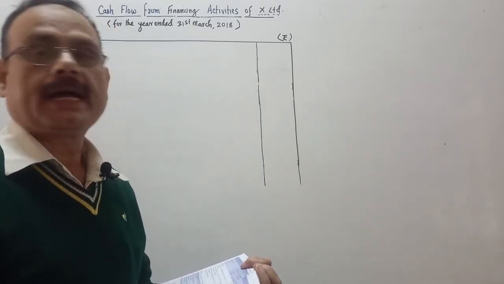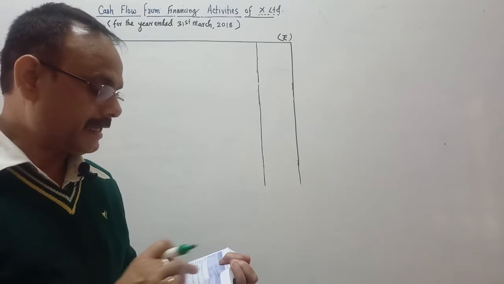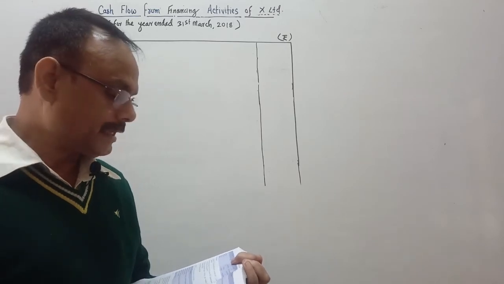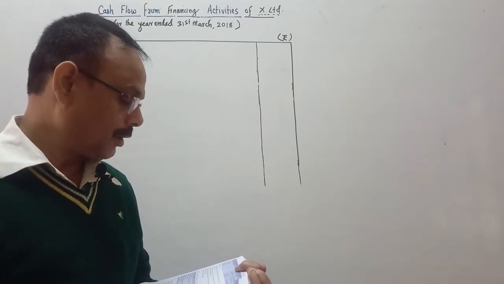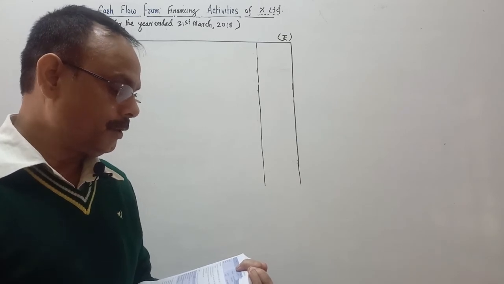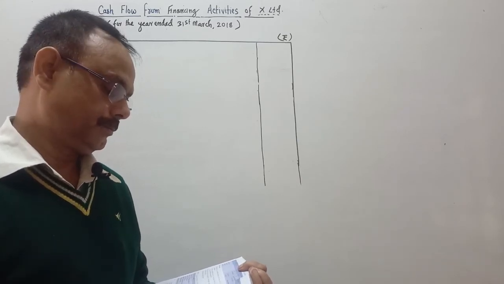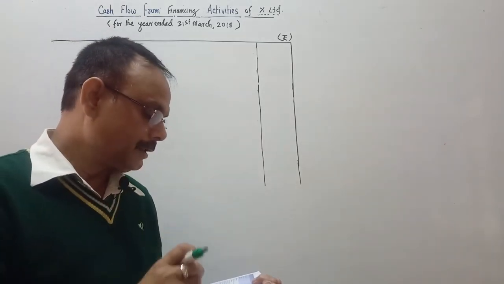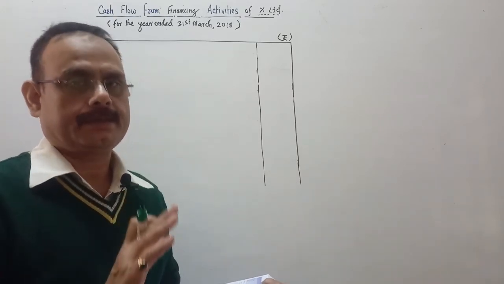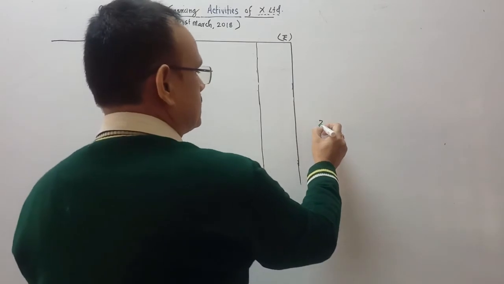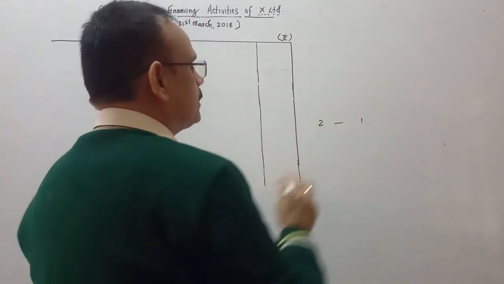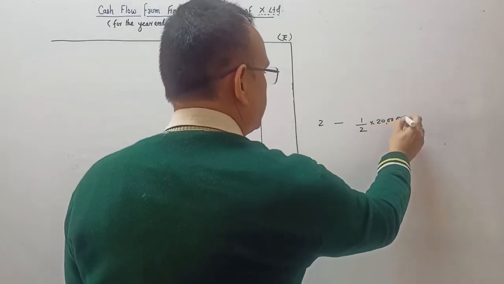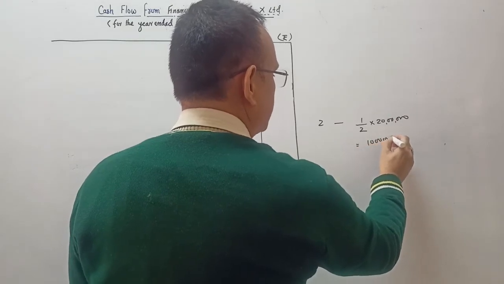Last year share capital was 20 lakhs, and this year it is 30 lakhs. When bonus shares are issued in the ratio of 1:2, it means those who have 2 shares will get 1 bonus share. So it is 1/2 into 20 lakhs, which means 10 lakhs is the bonus shares.